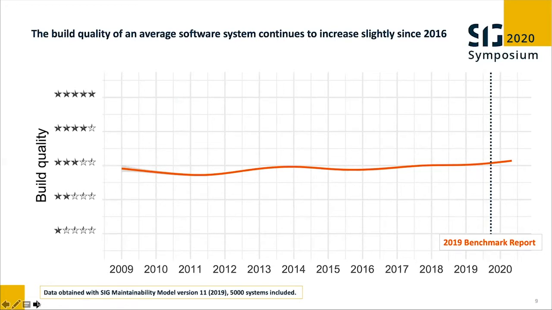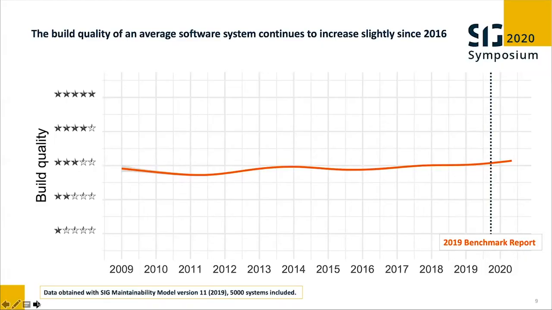On the horizontal axis, you see the years as they pass by, and the orange line is the overall average that SIG has been measuring every quarter. And this average is based on all the 5,000 systems we've seen over the years.